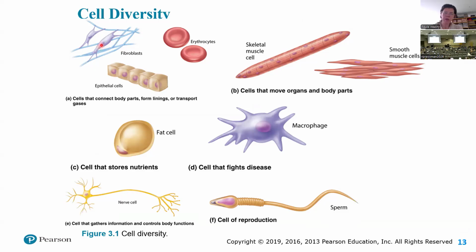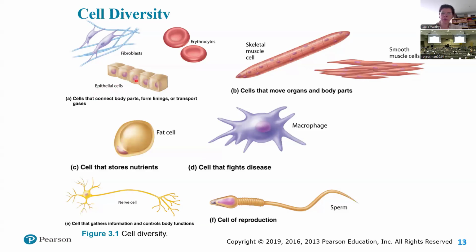You have cells that are going to help with composition of fibers of connective tissue. So you have these fibroblasts. You have certain cells that are important for exchange or filtration of certain molecules. Or in this case, you can also find cells that are part of your skin.